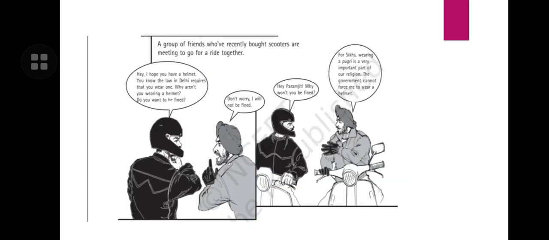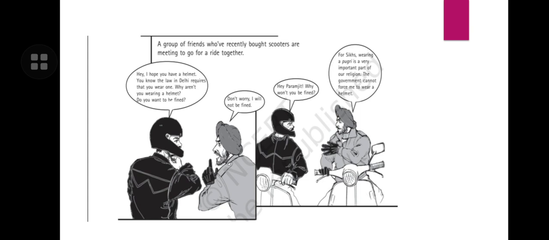So this is the example about which we were talking, that wearing a helmet is a law for members of every other religious community, while for the Sikhs, here is the exception: they are not bound to wear the helmet, since the pagri is a very important part of their religion.